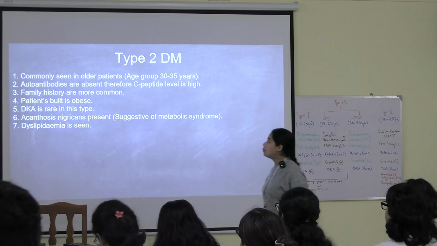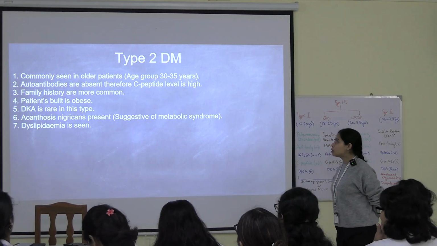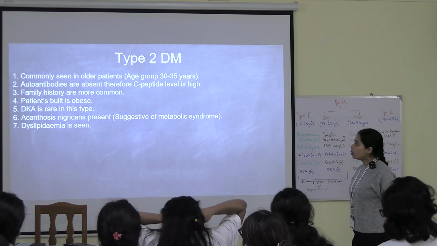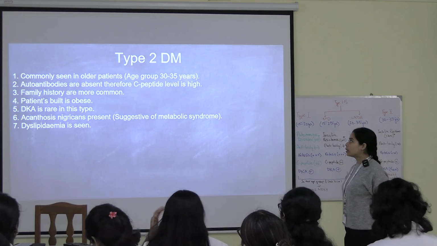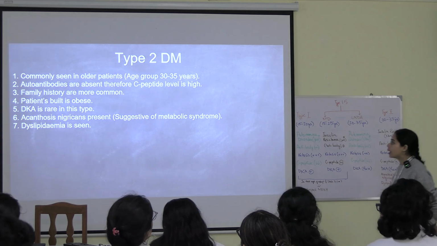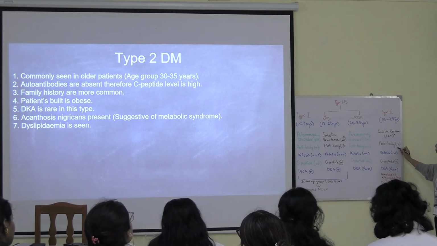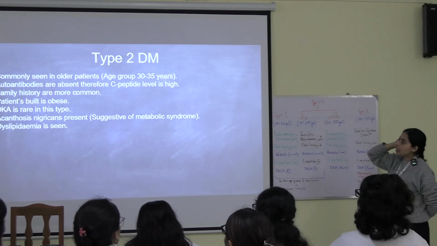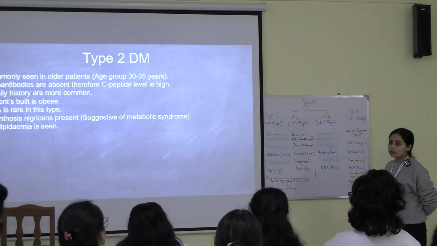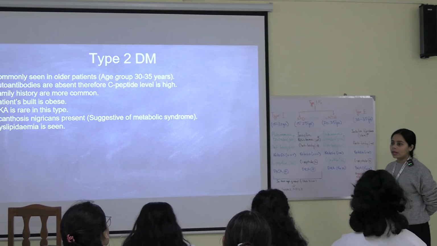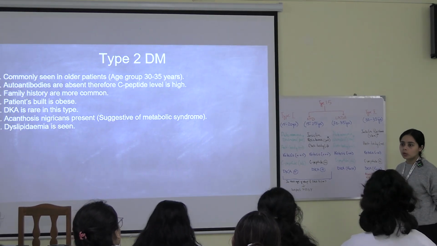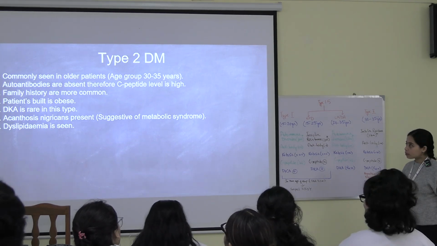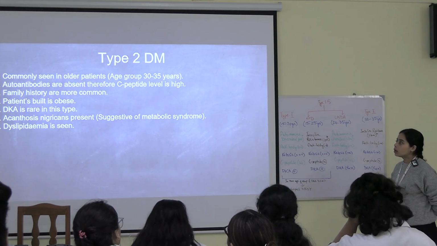Type 2 DM is commonly seen in older patients, age 30 to 35. Autoantibodies are absent, therefore C-peptide level is high. Family history is more common, meaning if the parents are having it, the possibility of the offspring having it is higher. The patient's build is obese.